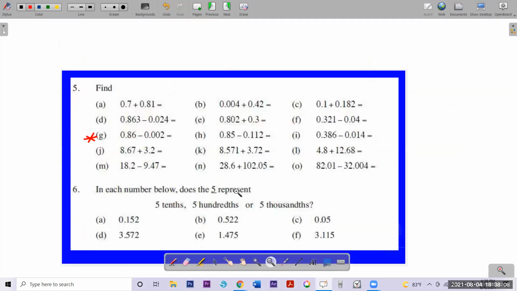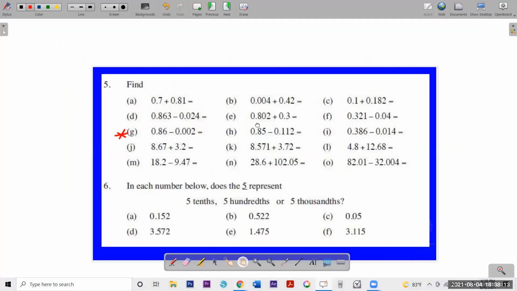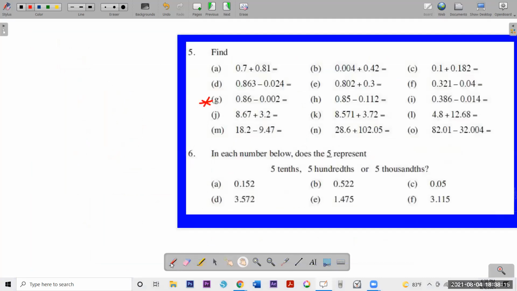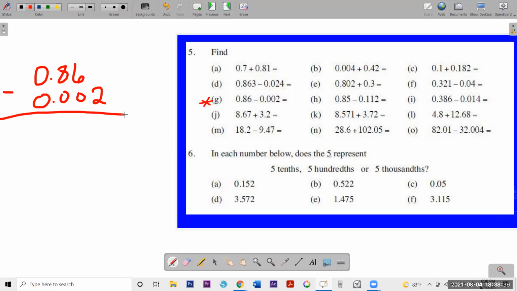So I'm going to start to set it out. So we have 0.86 minus 0.002. And I'm gonna tell you, a lot of people struggle with this. If you struggle with it, that's perfectly fine.